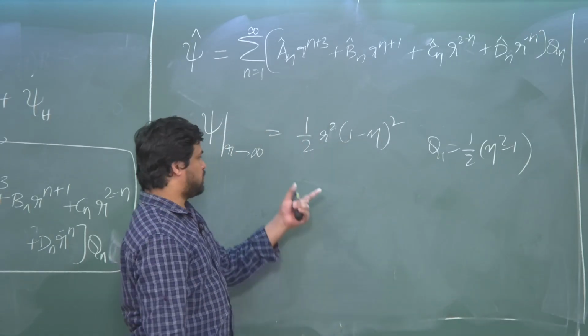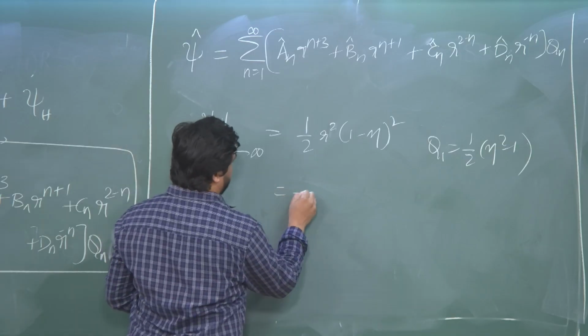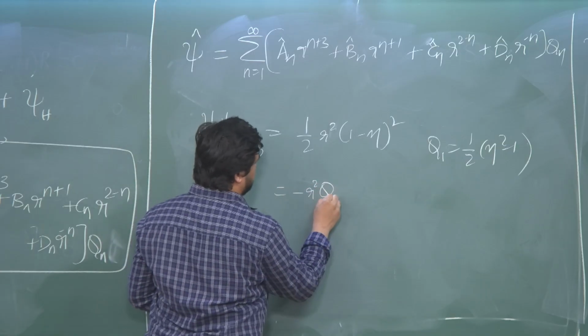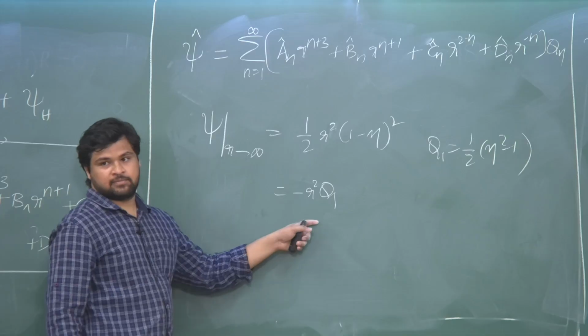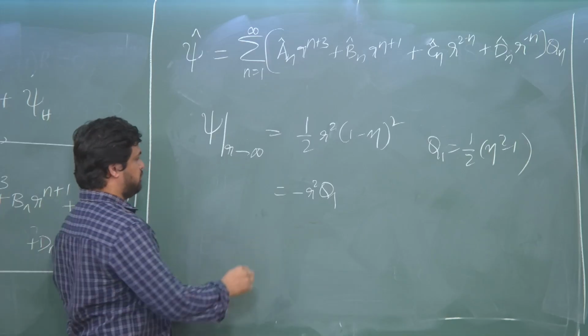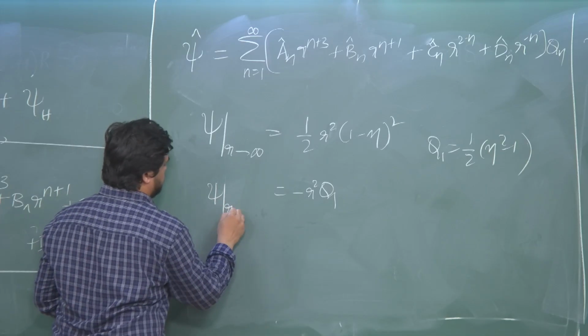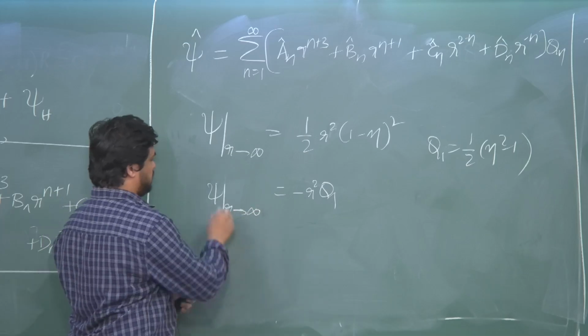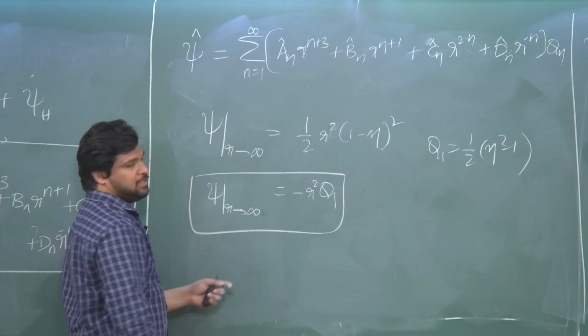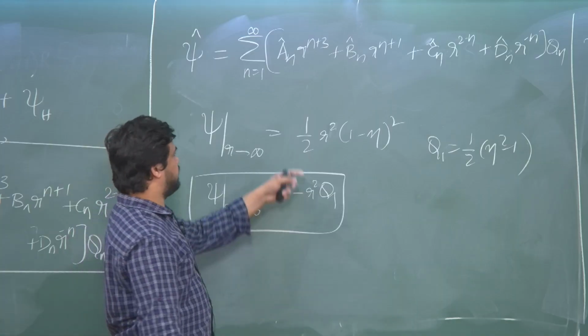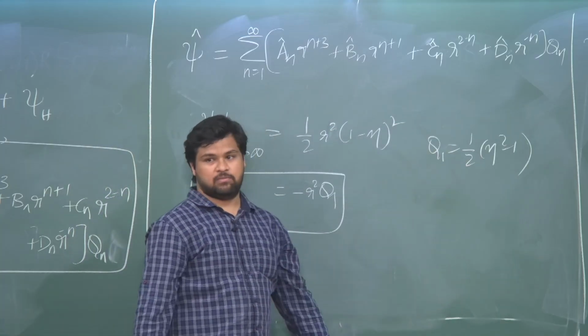So, this can be converted to minus r square q1, right. So, this is the final form in terms of q1. Why I am converting, it will be easy to solve.